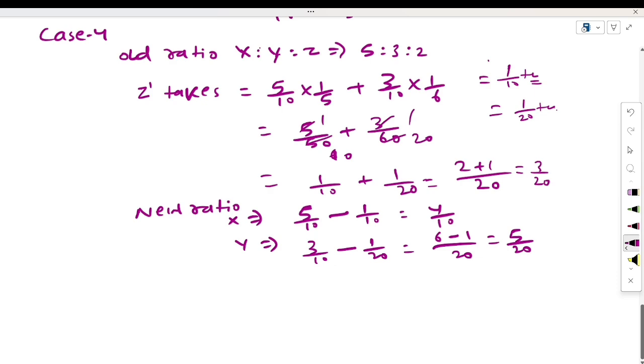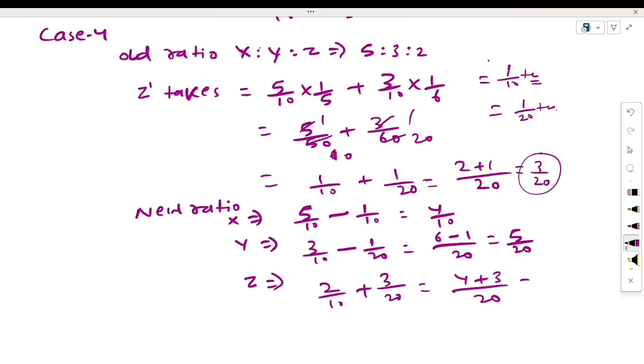And what would be Z's new ratio? 2/10 plus he is taking how much? 3/20. Here 20: 4 plus 3, it means 7/20.